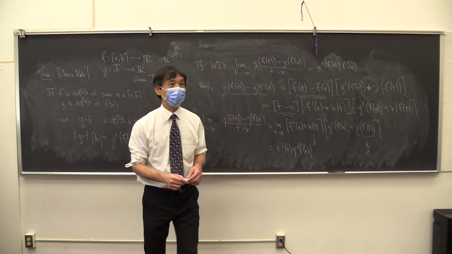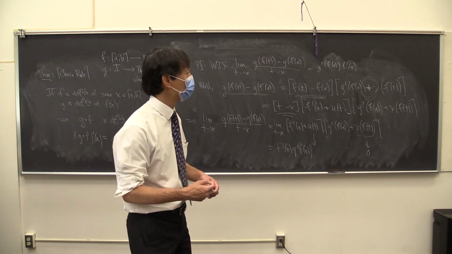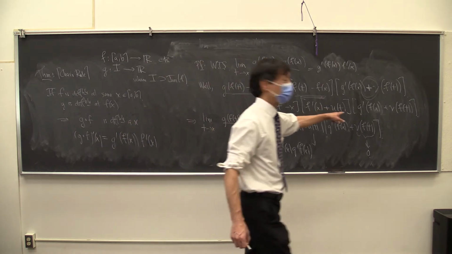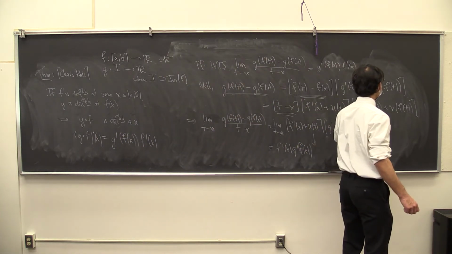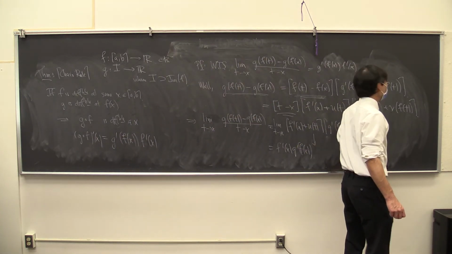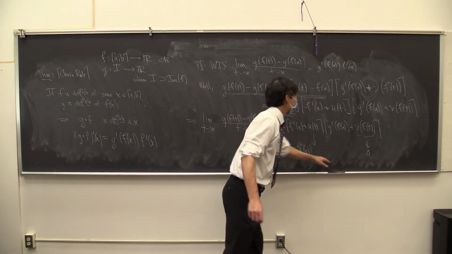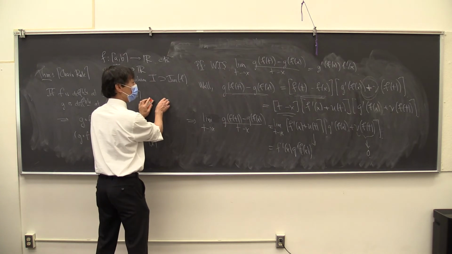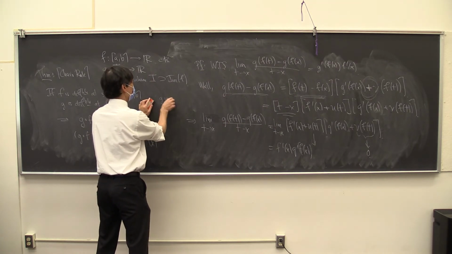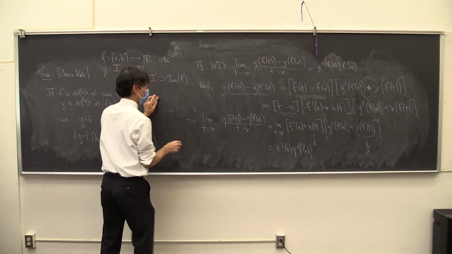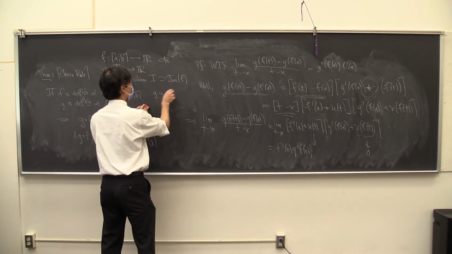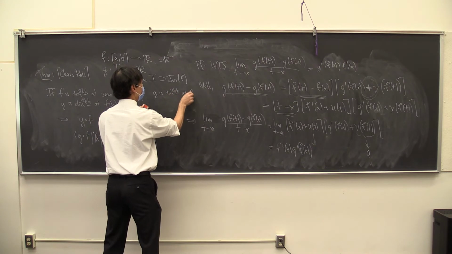Who has a question? Yes? I was just wondering, what is the nu there for? What's the nu? This nu is the error for g prime. Remember our function: g is differentiable at f of x.